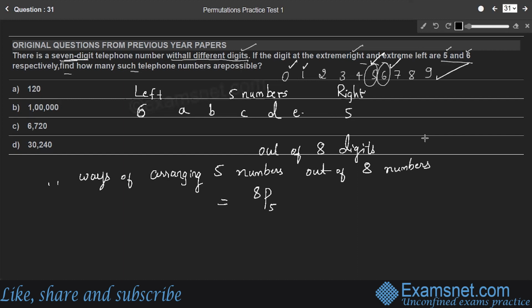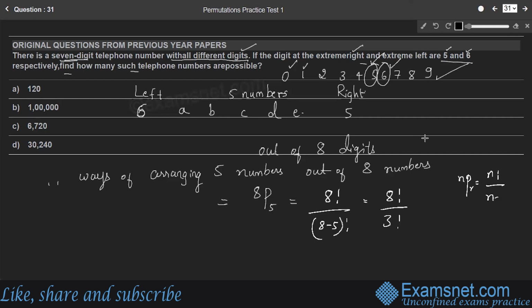There is no particular order here, right? So in any way you can arrange these 5 numbers. Out of 8 numbers, 8P5 is nothing but factorial 8 divided by (8 minus 5) factorial, which is factorial 8 divided by 3 factorial. We are using the formula nPr equals factorial n divided by (n minus r) factorial.